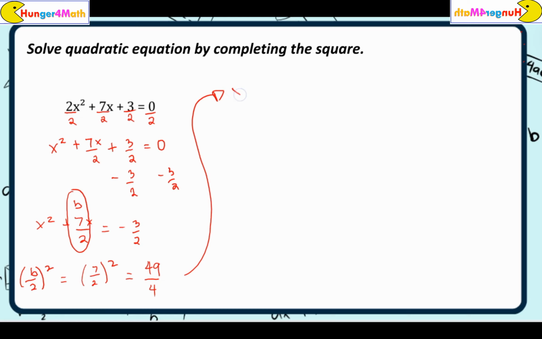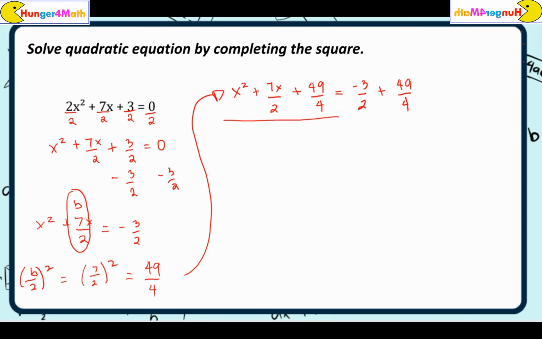That will be x squared plus 7x over 2 plus 49 over 4 is equal to negative 3 over 2 plus 49 over 4.